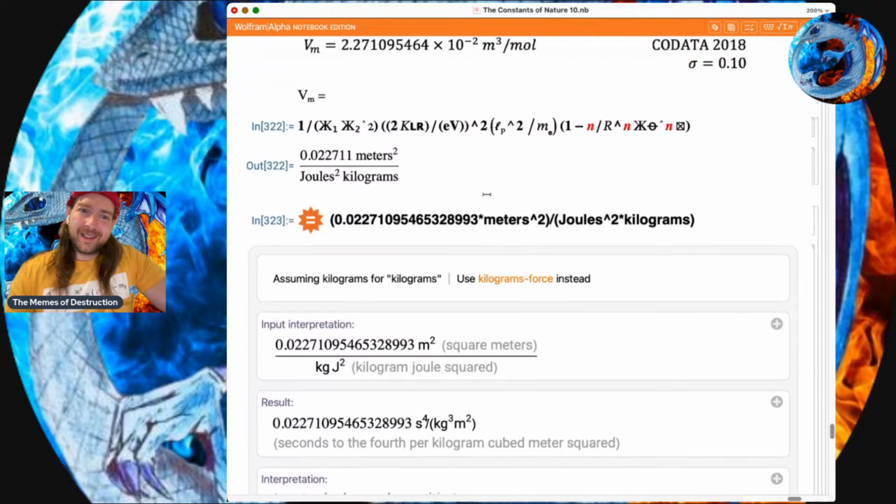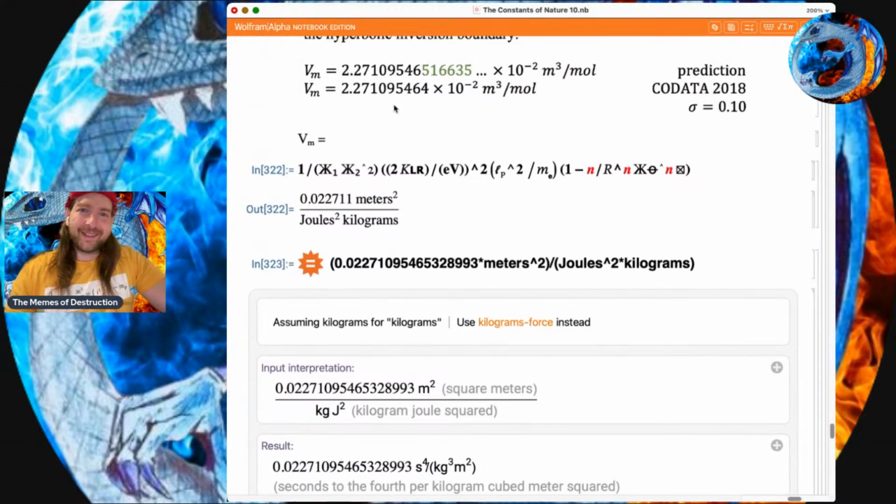Alright. Let's first look at the number, because units we can do wizardry with. So that's -2, so we gotta move the decimal over. So it'll be 1, 2. Okay, so those are 227, 109, 546, 4, or 5, 6, 4, 6, 5, 1.